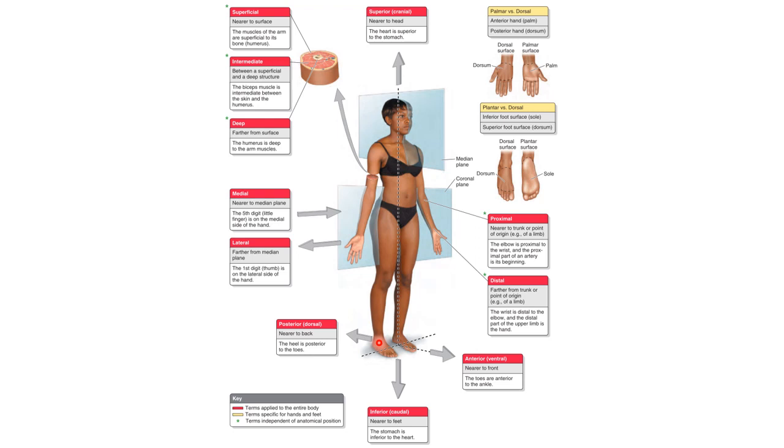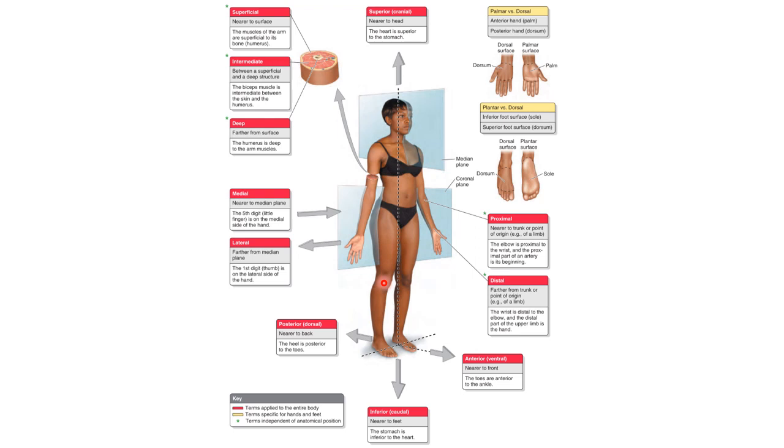Okay? So let's use that as an example. The feet is distal to the knee. The knee is proximal to the feet. No? Why? Kasi yung knee, mas malapit siya dito kung saan nag-attach yung lower extremity.